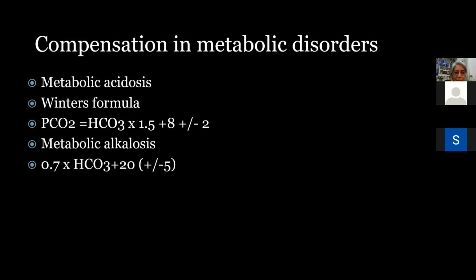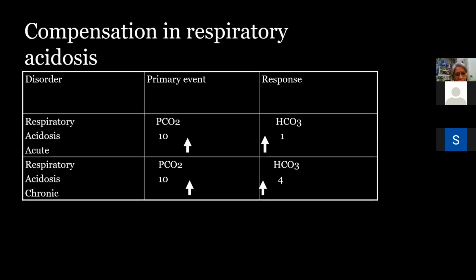For metabolic acidosis, we use Winter's formula: PCO2 equals bicarbonate times 1.5 plus 8, plus or minus 2. For metabolic alkalosis, you take 0.7 times bicarbonate plus 20, plus or minus 5. These are the expected compensations, because we need to check whether the compensation is within range.